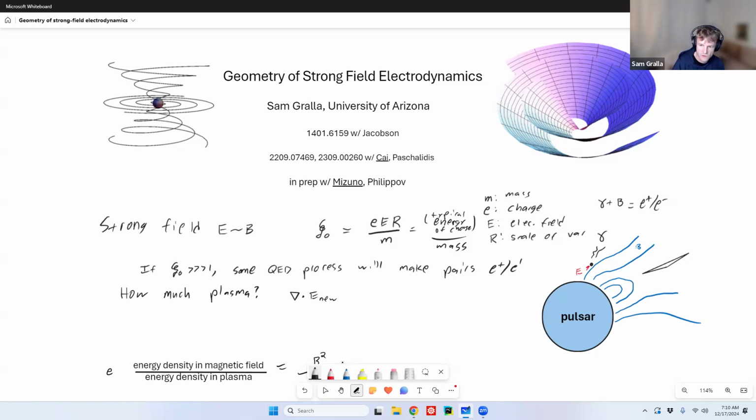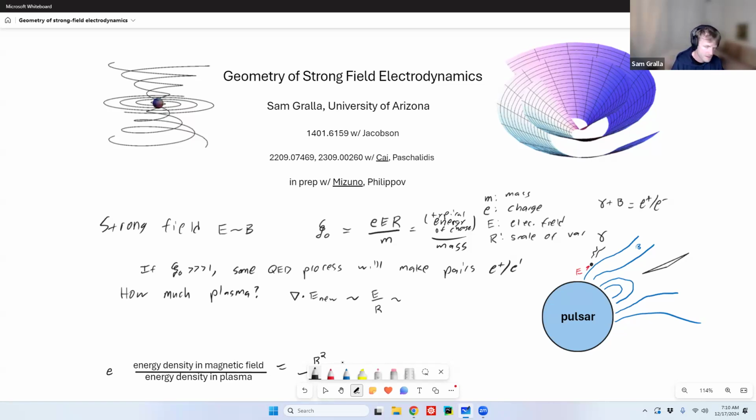of the new electromagnetic field, which you can just think of as like E over R, has to be the old electromagnetic field, which is also like E over R. That divergence is going to make you a charge density that has to be sufficient to cancel the old electric field.